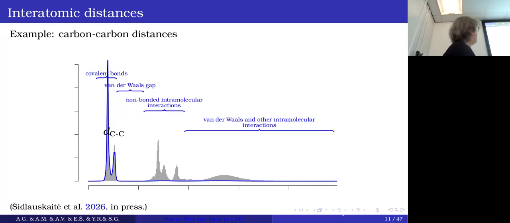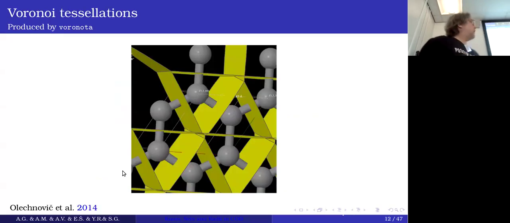Andres and Saulius Grazulis use a Gaussian mixture fit for that. And here you can now have the radii of different covalent bonds. This is how Voronoi tessellation actually looks. And here we can see why this works well, because these atoms would be connected, and maybe these atoms would be connected if you just use the distance cutoff, but in fact they are not, because they are, so to say, shielded by the benzene ring atom.